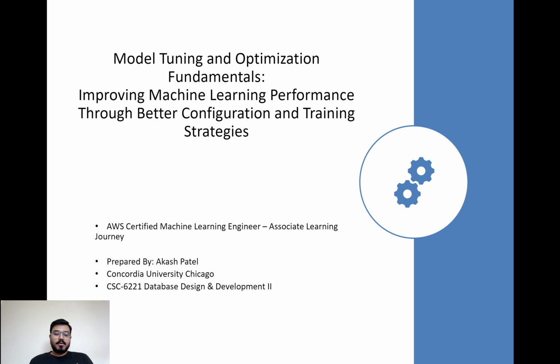In many cases, organizations need to make adjustments to improve the model's performance. This process is called model tuning and optimization. In this presentation, we will explore how organizations improve machine learning models, why tuning is important, and how different optimization techniques help produce better results. So let's get started.